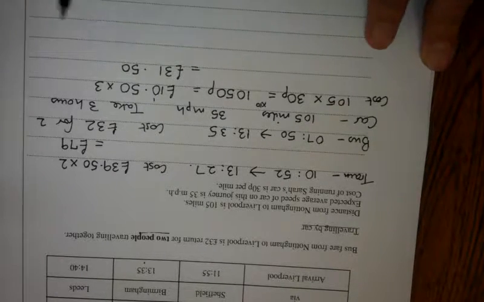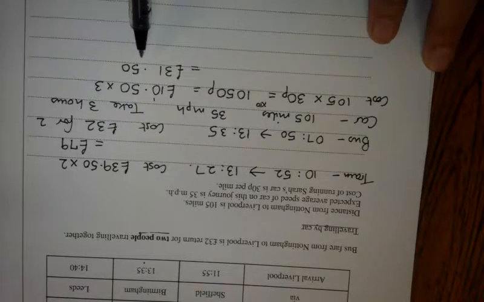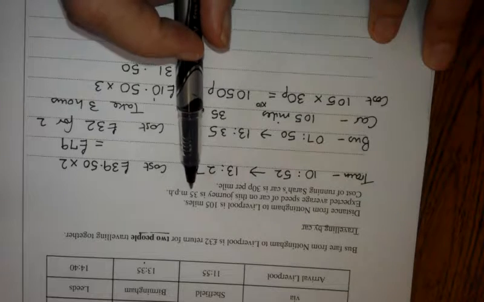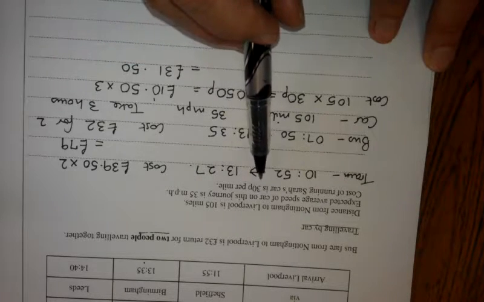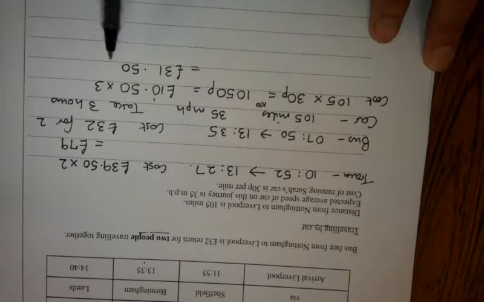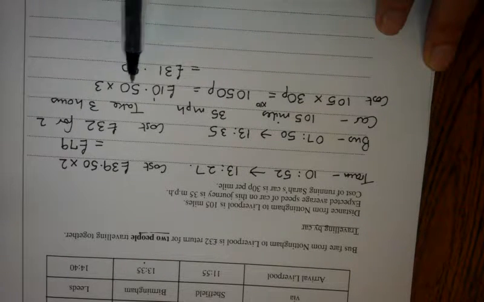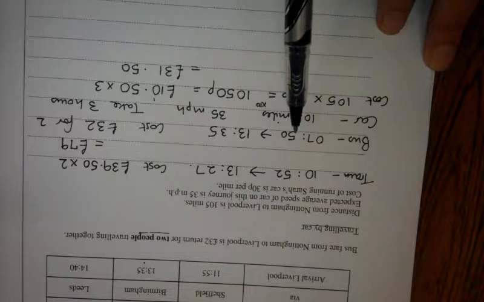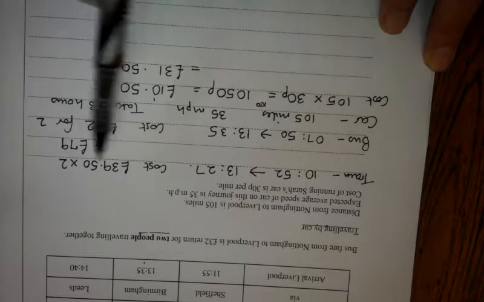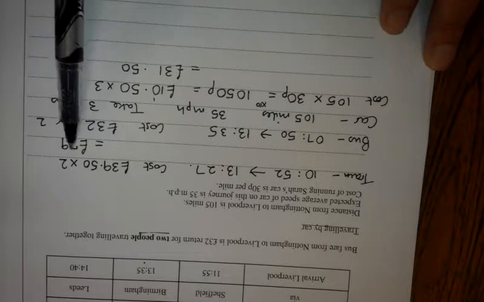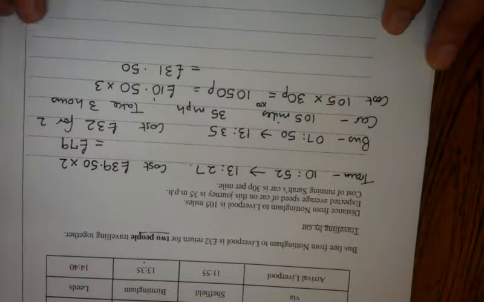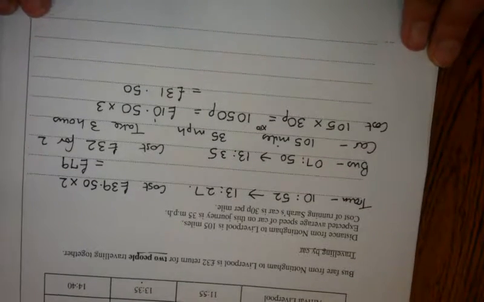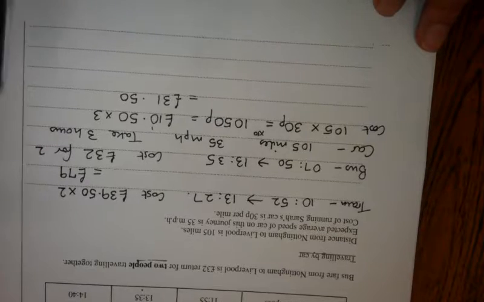Right, so the cheapest, if you look at just the expected average speed and the cost of running the car, is £31.50. It's £32 for the two of them if they go by the bus, but they've got to get up early, and the train is going to cost them a lot more money, but they haven't got to drive. So, there's no right answer here. There's lots of different answers, as long as you argue the case.